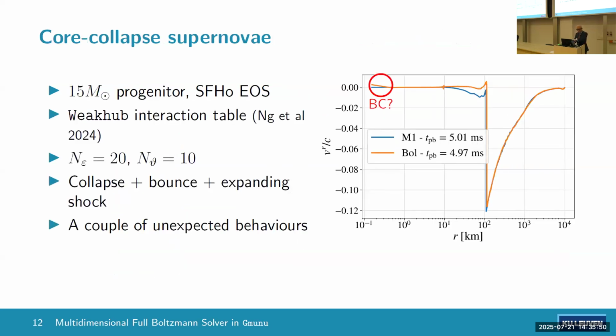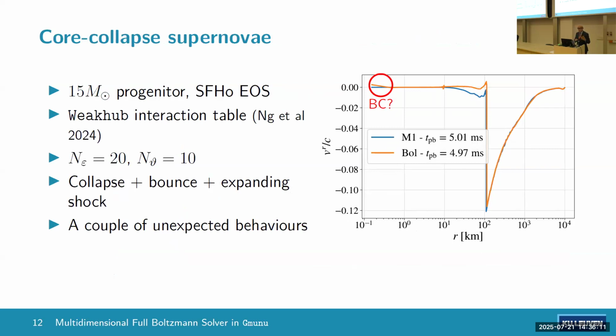Okay, I come to the last part that I want to show, because we've actually started doing supernova simulations. In this case, this is a 15 solar mass progenitor with a relatively soft equation of state. What is important is that we couple this to a weak rates interaction table, which is our most advanced microphysics module.